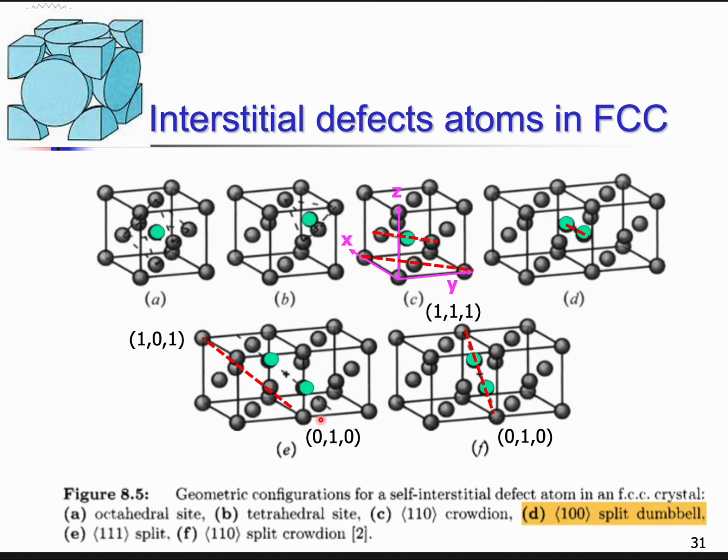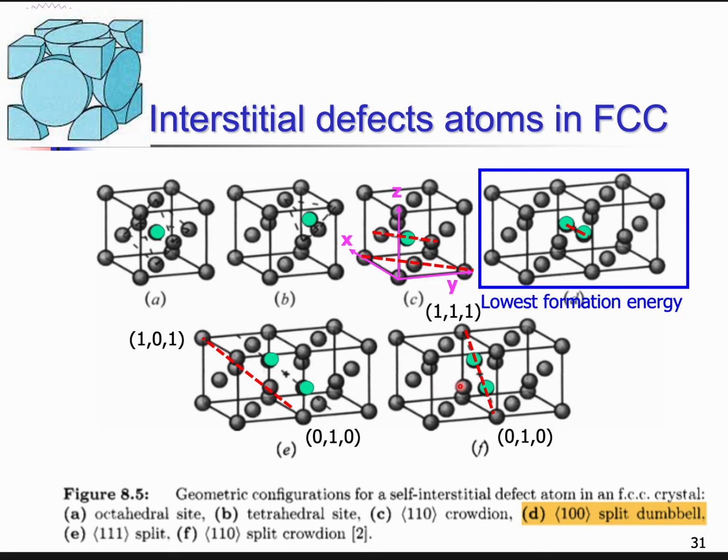So even though we have these 6 different types of self-interstitial defect, the split dumbbell has the lowest formation energy, which means it will cause the least lattice distortion. So based on the lowest formation energy, we have more chance to observe these diffusions happen in our materials.